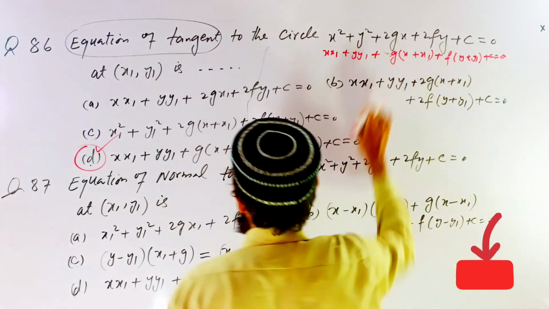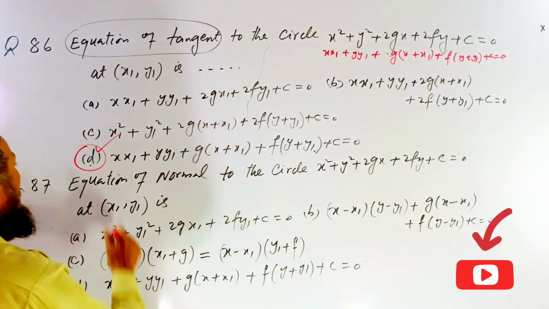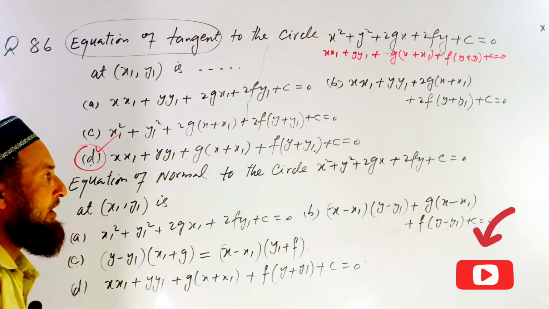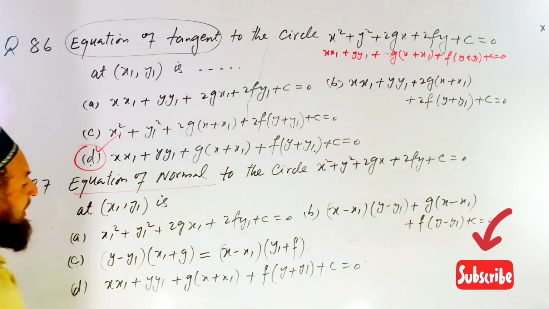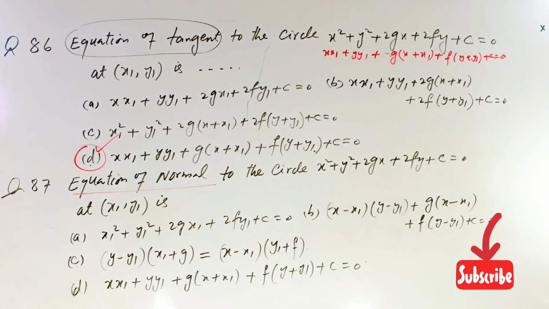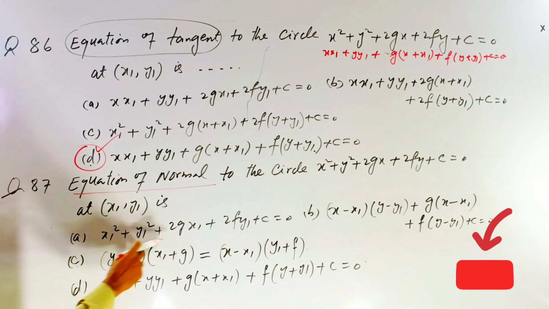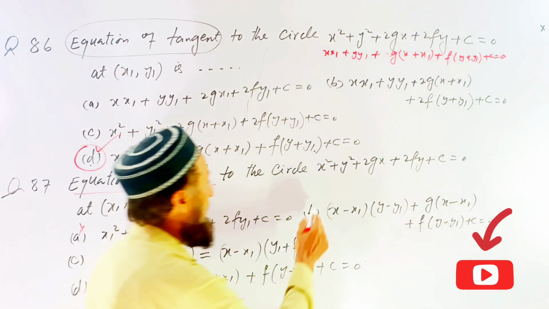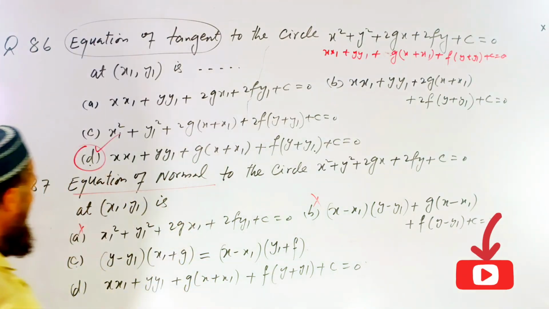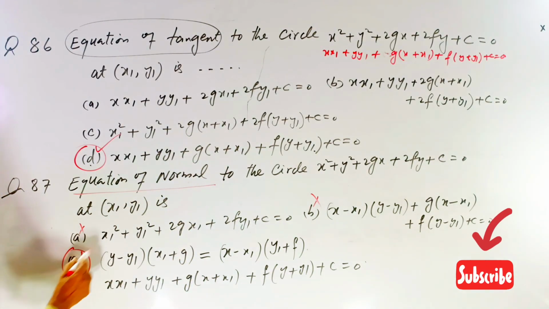According to these rules we are expanding, so option D is the correct option. Equation of normal is required. If we check here, x1 y square is incorrect, and this one is also incorrect, and option C is the correct option.